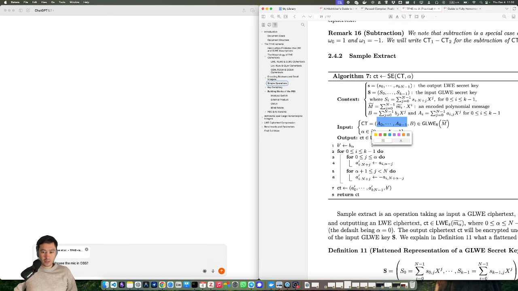So we're gonna go through all the masks, and we're gonna extract each constant term of all these mask elements, and we're gonna put that, we're gonna create a new, right.